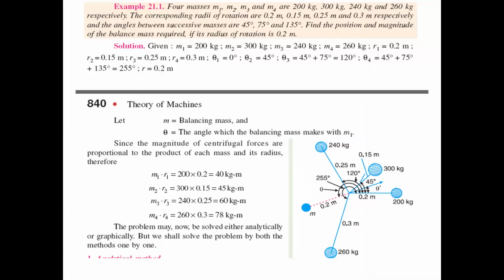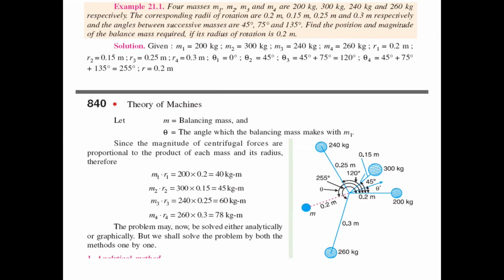And the angles between the successive masses are 45 degrees, 75 degrees, and 135 degrees. Find the position and magnitude of the balancing mass required if its radius of rotation is 0.2.